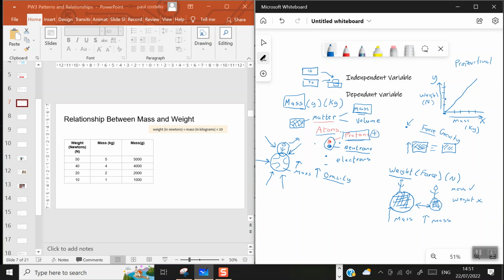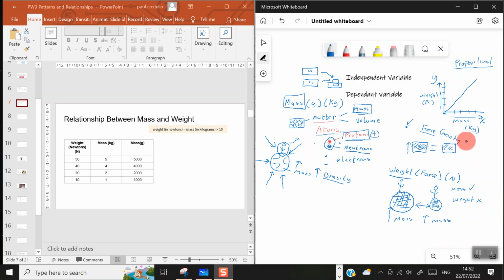So the more the weight increases, the more the mass gets bigger. Or another way to think about it is, as the mass increases, the weight or the force also gets bigger. So there's a direct relationship between these two. They're directly proportional to each other.